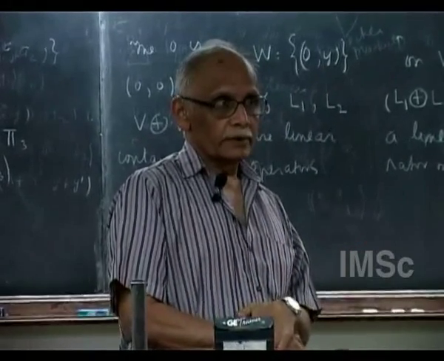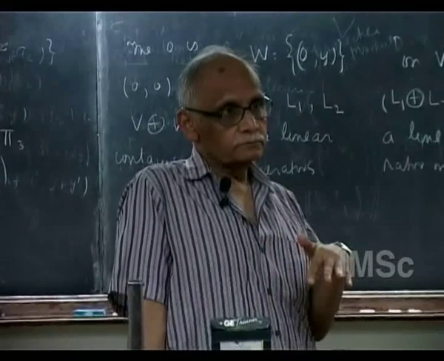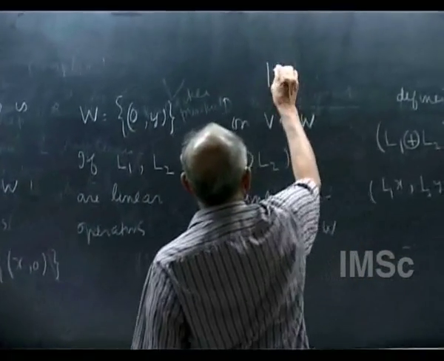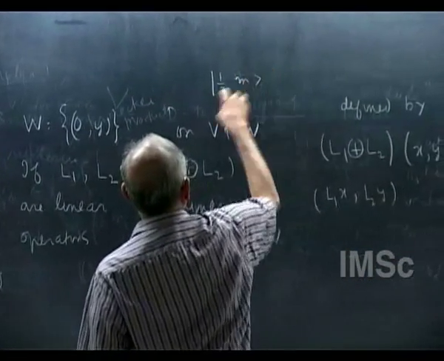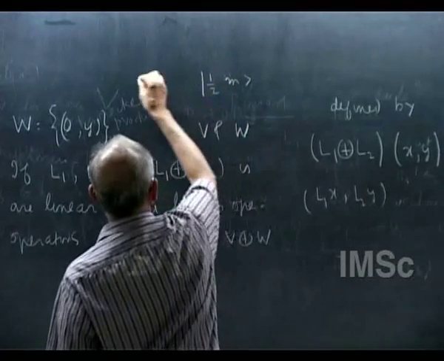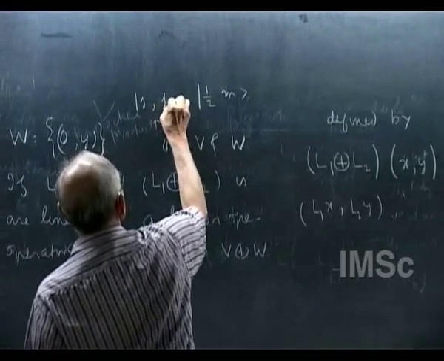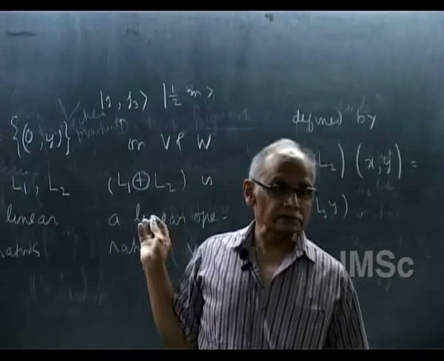Direct sum, yes, but you see, if I write spin, say spin half, you have two states, m, and suppose the particle also has angular momentum, you will write j3, right? Yes, this is a tensor product.